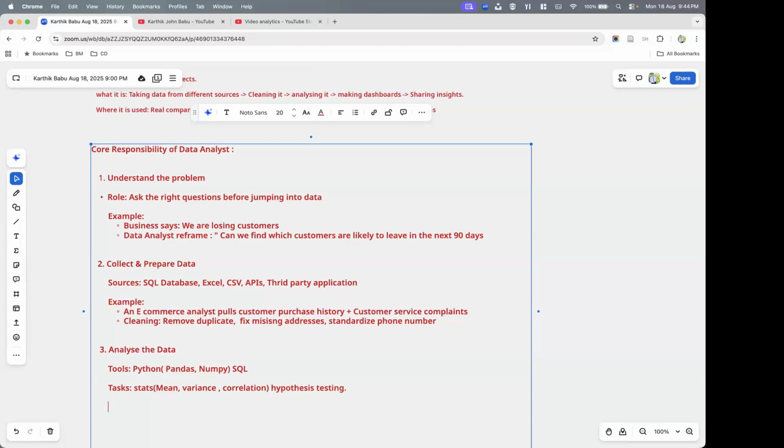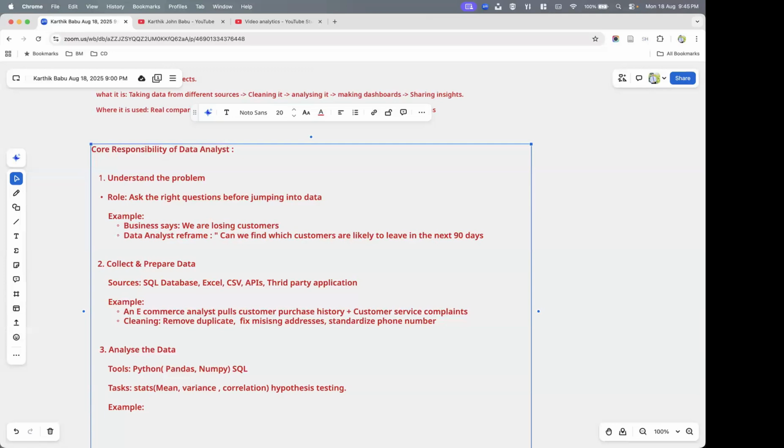Okay. So if you want me to give you an example for this case, I would say that customers who got more than two late deliveries in a month are 60% more likely to stop ordering. Say, for example, you are ordering on an e-commerce site and 2 to 3 times your deliveries in a single month have been delayed. Then you are likely, with 60% probability, not to order once again. How we have arrived at greater than two late deliveries, and that 60% or 70%, all that math is based on these calculations.